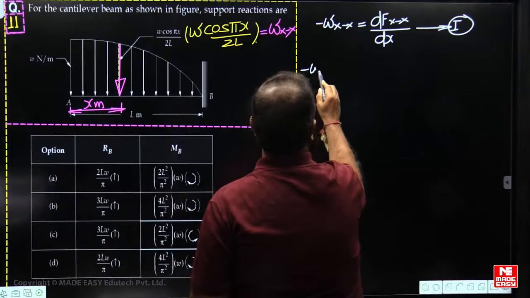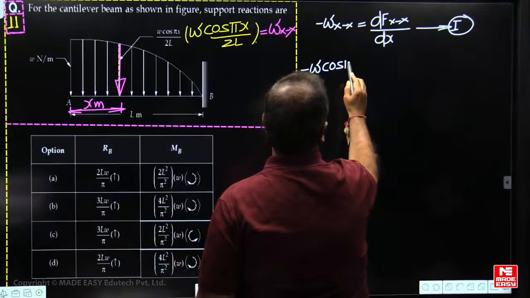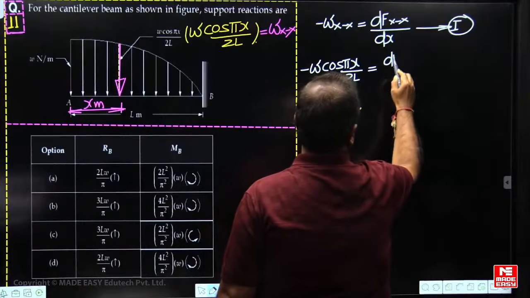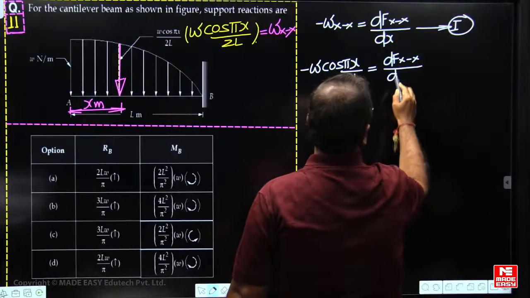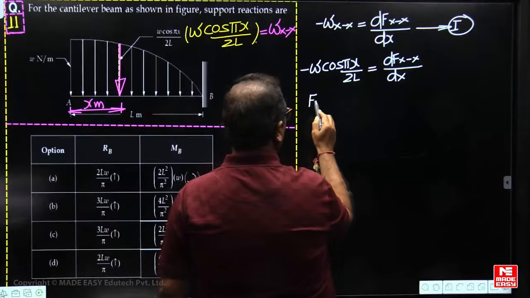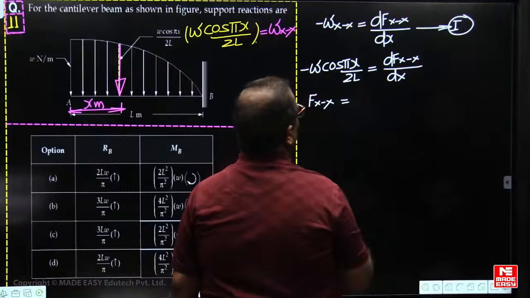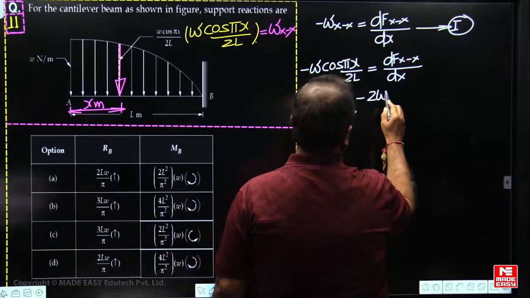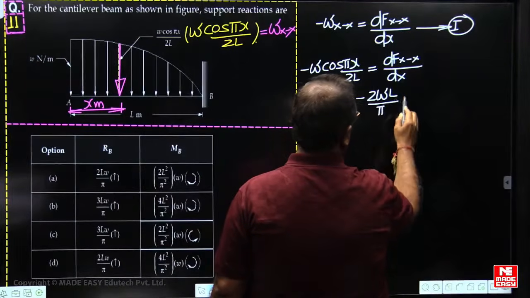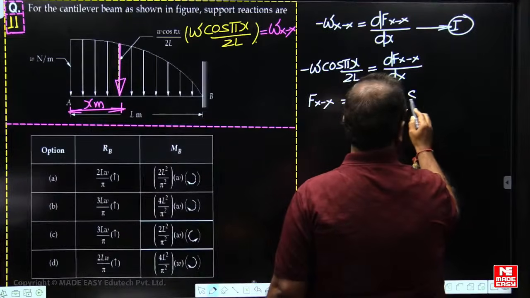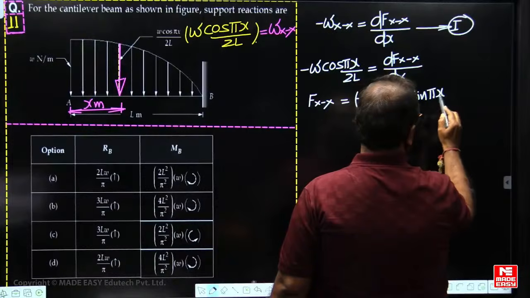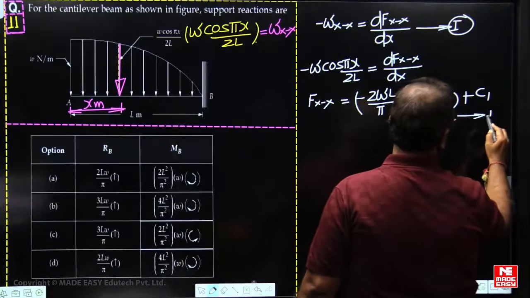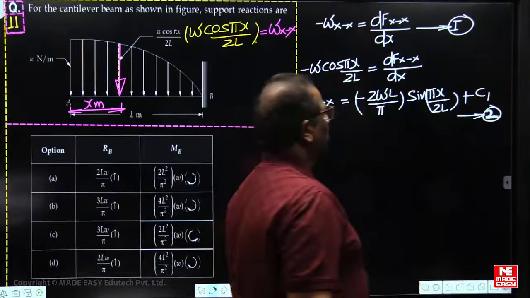So minus, from this one, F(x) is equal to minus... Now you can find out the C1.